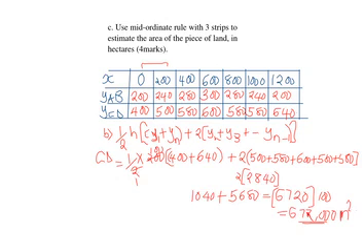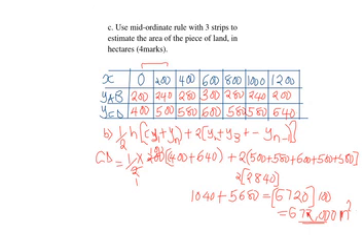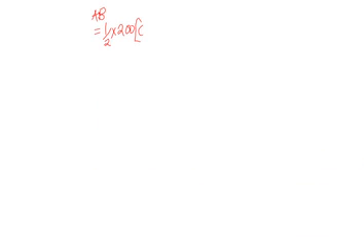So we find the area of the curve AB, which is equal to a half multiplied by h, and the h is 200 also. Then we multiply by the sum of the first y, that is 200, and the last y, 200.